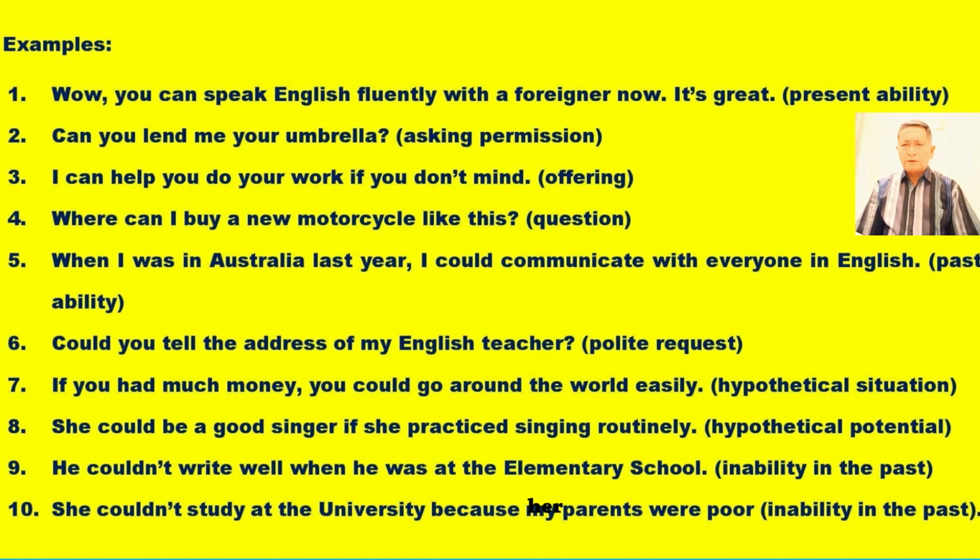Seven, if you had money, you could go around the world easily. This is hypothetical situation. Number eight, she could be a good singer if she practiced singing routinely. This is hypothetical potential.